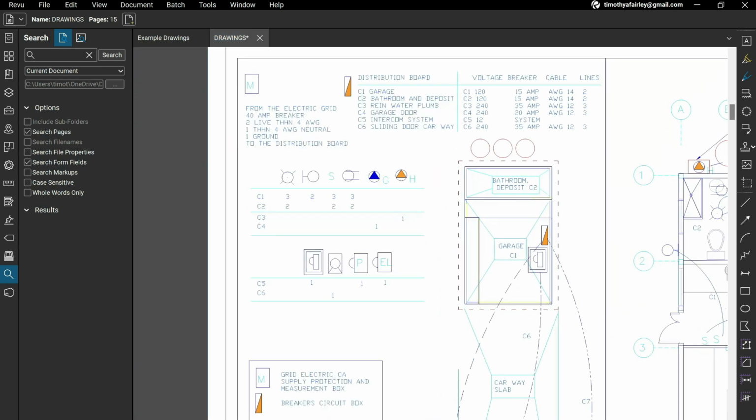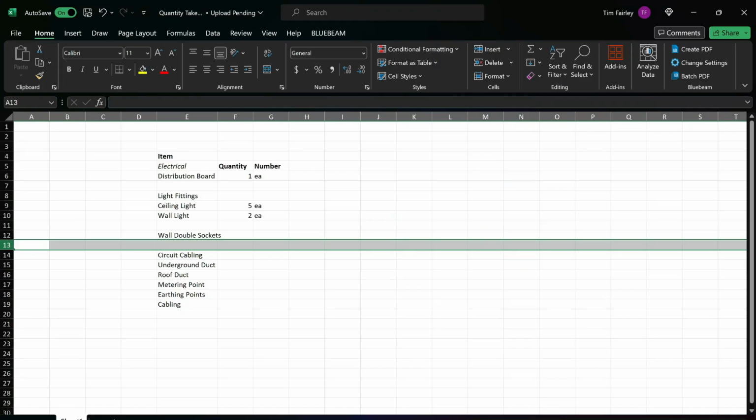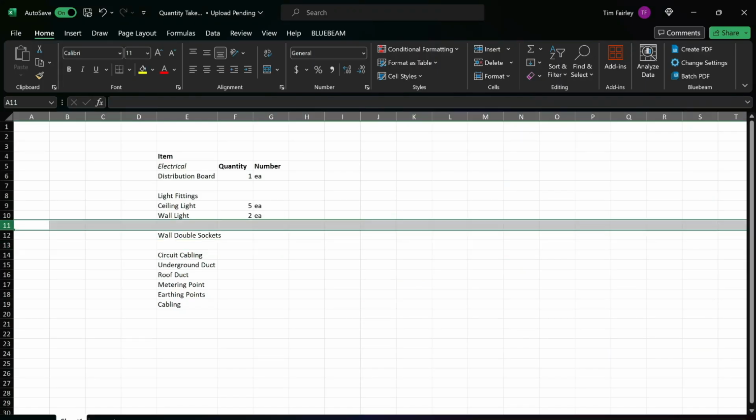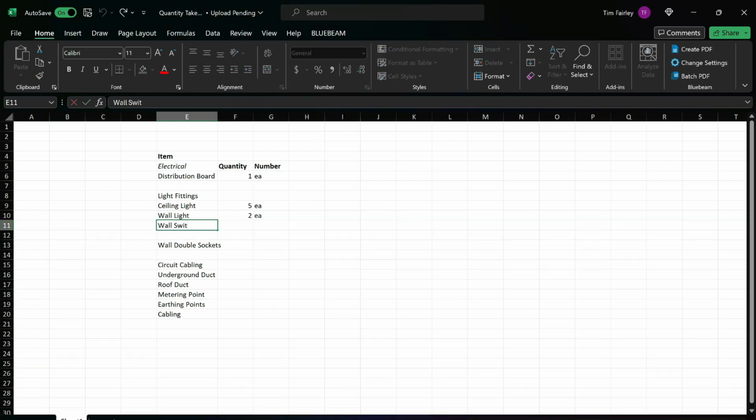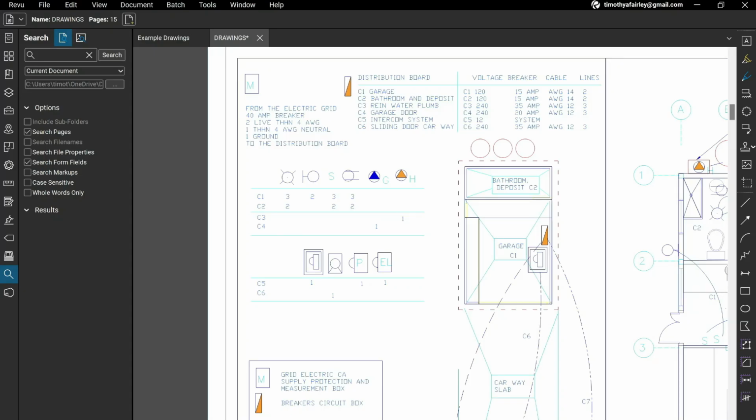I missed that. So 5 switches, which would come under lighting. And then for the wall double sockets, there's 5.